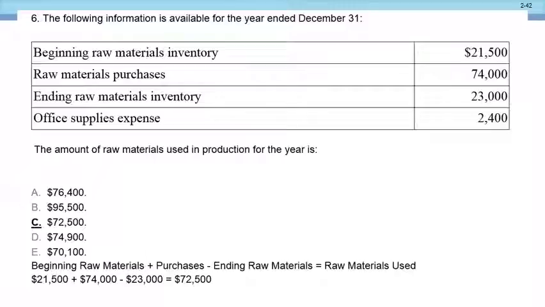Then what are we looking for here? The raw materials used. We're looking for the subtract, aren't we? We're looking for the subtract because that's the raw materials used, right? So it must be that they're going to give me the other ones. Where's the ending? Ending is how much? 23,000. Okay, good.